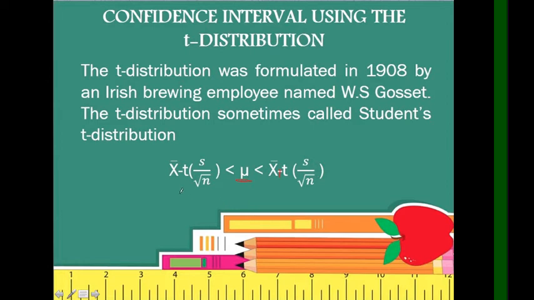Or simply, this can be written as the mean minus the margin of error, represented by capital E, less than mu, the population mean, but less than the mean plus the margin of error.